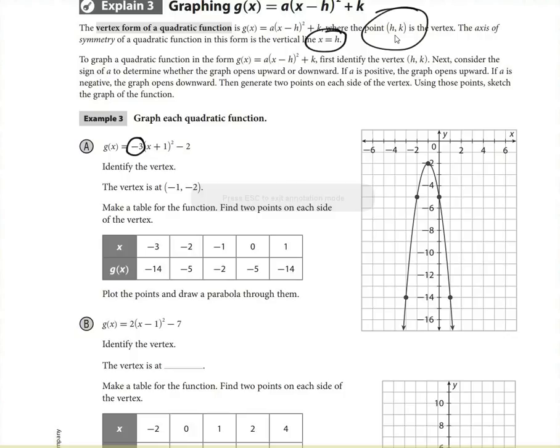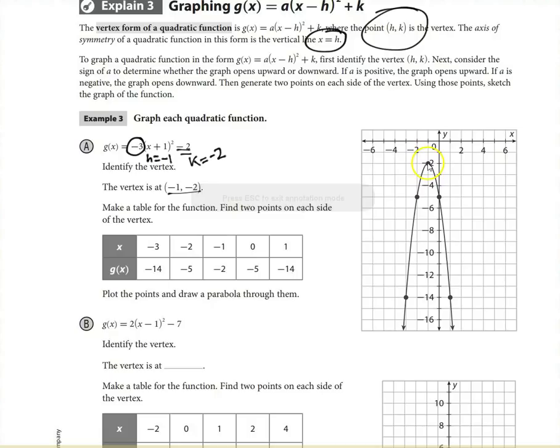The value of h is negative 1, because remember, if the sign is plus, that means h is negative, just like we just talked about. And the value of k is negative 2, so k does not work the same way. If that sign is minus, that means k is negative. And so that puts the vertex at (negative 1, negative 2).